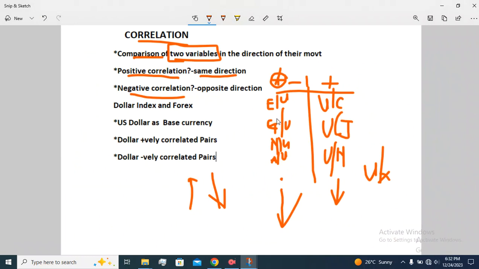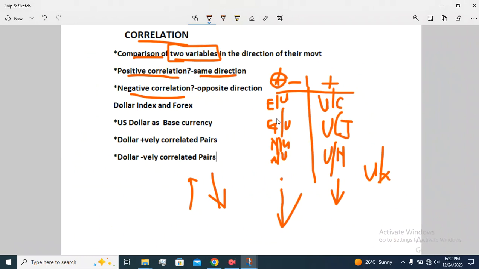Of course, with these negatively correlated pairs, with a small bit of my experience in these markets, EUR/USD is more perfectly negatively correlated with the dollar index, whereby we say negative correlation, they move in opposite directions.